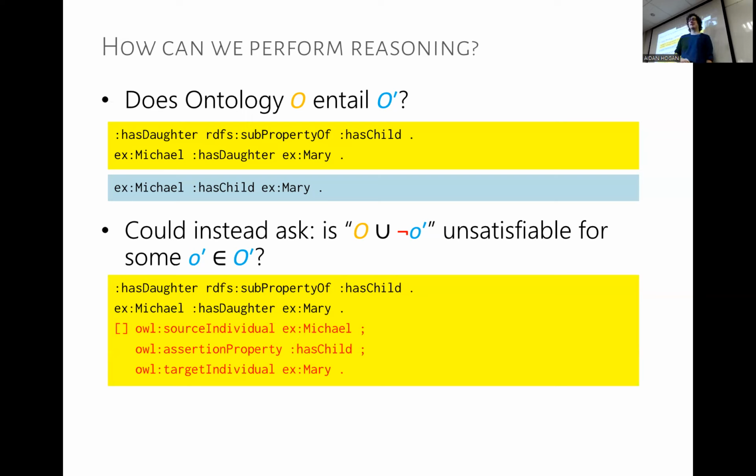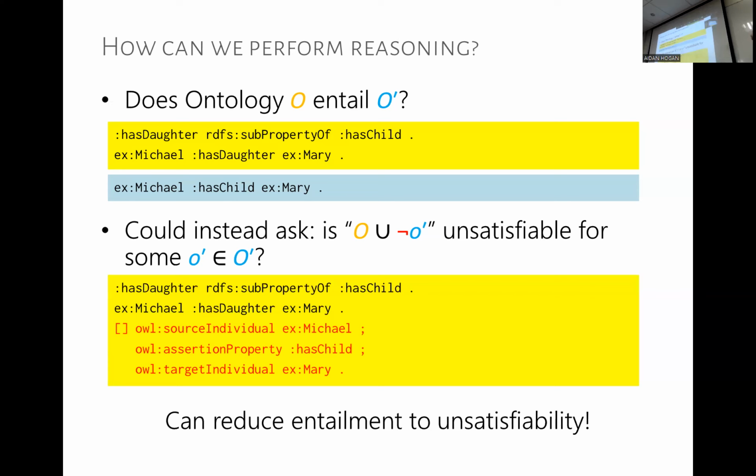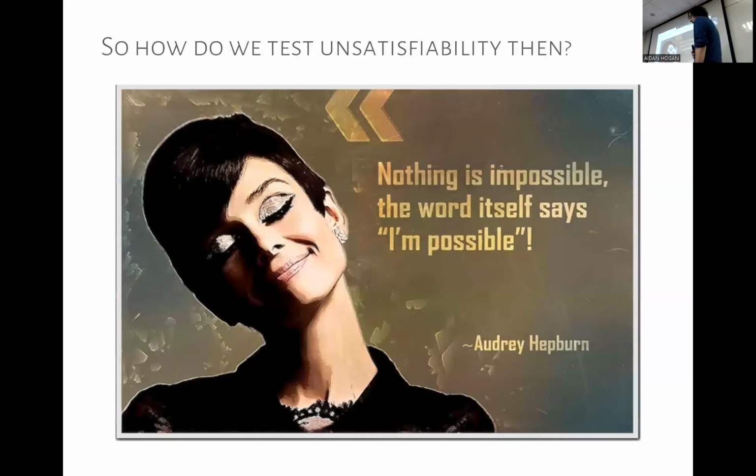Does that make sense? No. So this is inconsistent, it's unsatisfiable, and because it's unsatisfiable, it means that this entailment holds. So we can reduce entailment to unsatisfiability, and we only have to worry about implementing unsatisfiability checking.